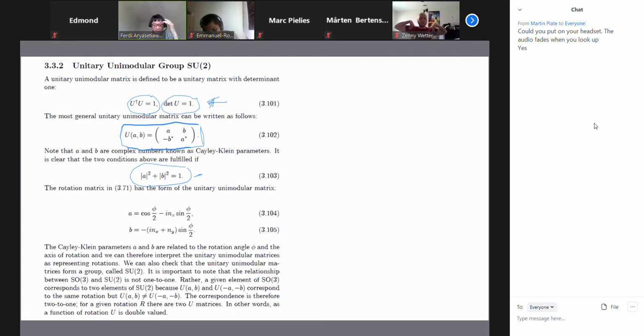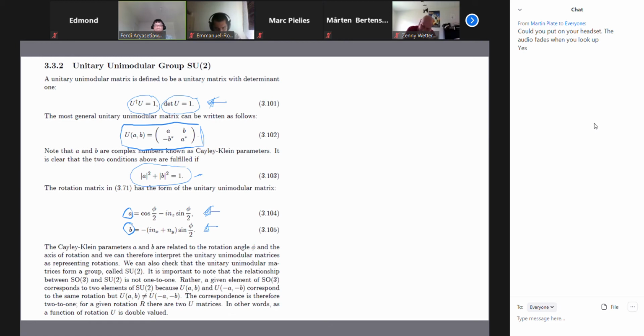Now if we make a comparison with our rotation matrices in the spin-half space, then we realize that we can identify these parameters A and B, the Cayley-Klein parameters, with the ones we worked out before, as cosine of phi over 2 minus and so on.